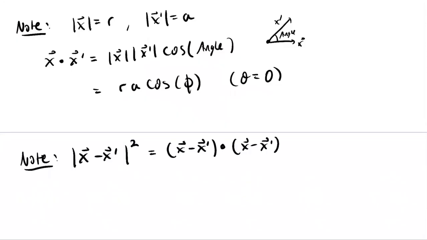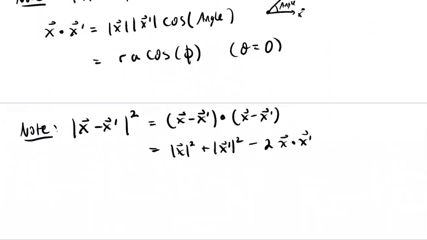We can evaluate this by expanding it out, and you end up with the length of x squared plus the length of x prime squared minus twice the dot product of x and x prime. By expanding this, the length of x squared is equal to r squared, the length of x prime squared is equal to a squared, and we just saw that this dot product is r a times cosine of phi. So I get minus 2 r a cosine of phi.